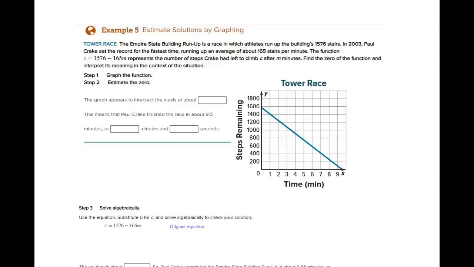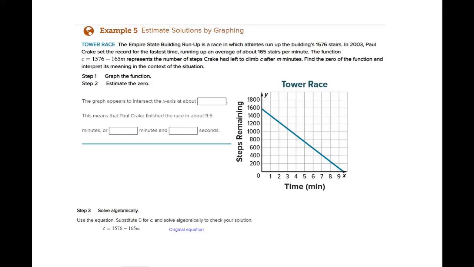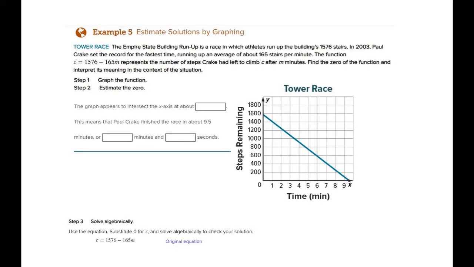Okay, so here it is. The Empire State Building. So much taller, right? Run Up is a race in which athletes run up the building's 1,576 stairs. In 2003, Paul Craig set the record for the fastest time, running an average of 165 stairs per minute.